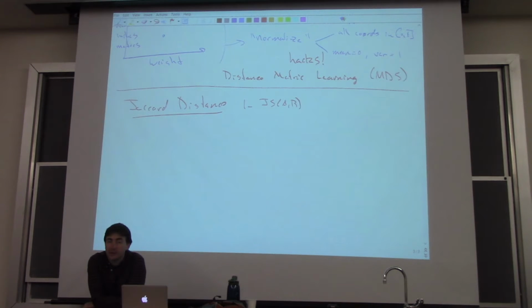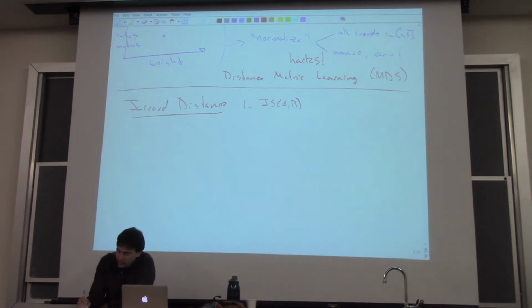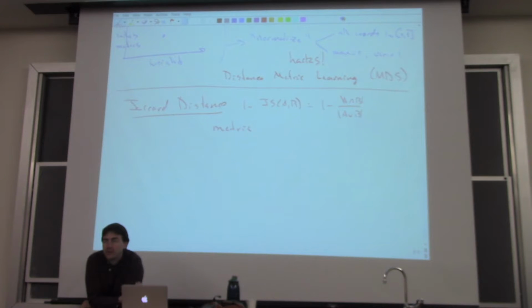This is again a distance, but it's not between two vectors. This is between two sets. 1 minus |A intersection B| over |A union B|, and this one is also going to be a metric. So you can define metrics between things other than vectors.